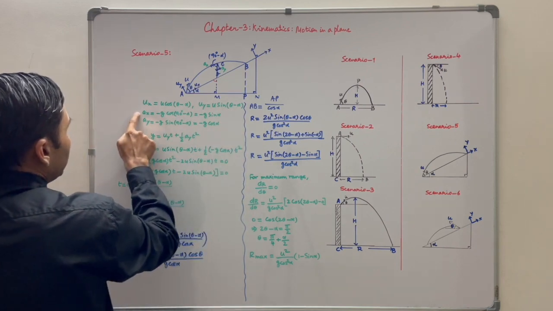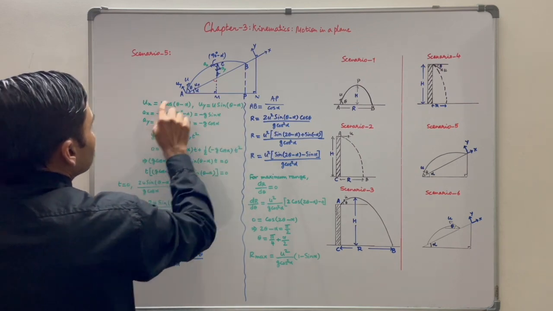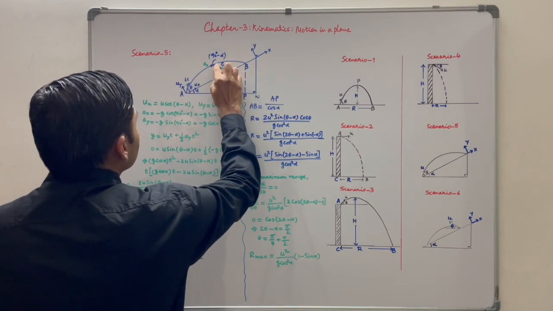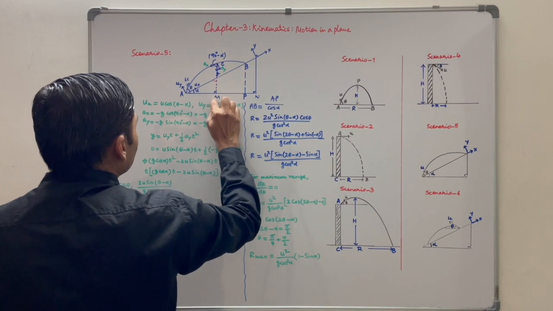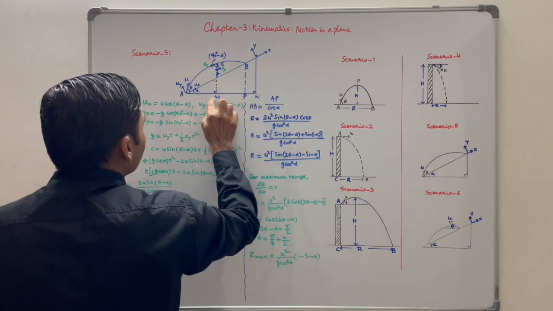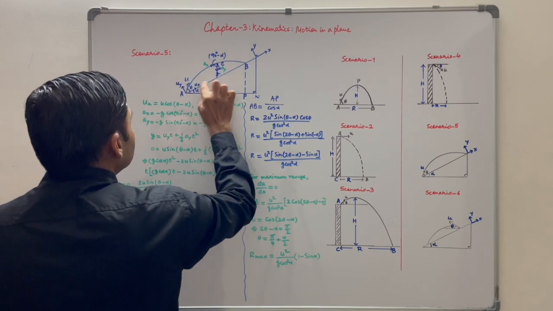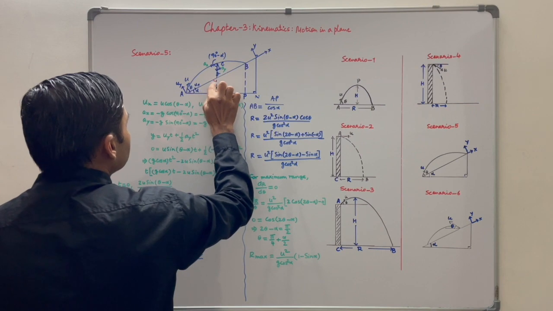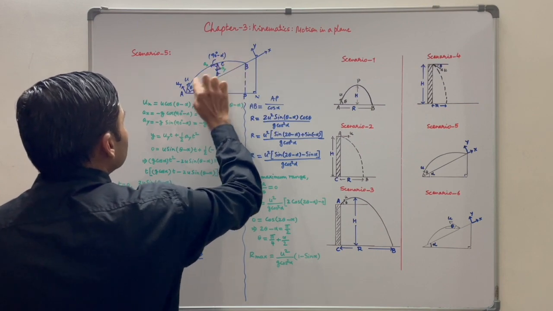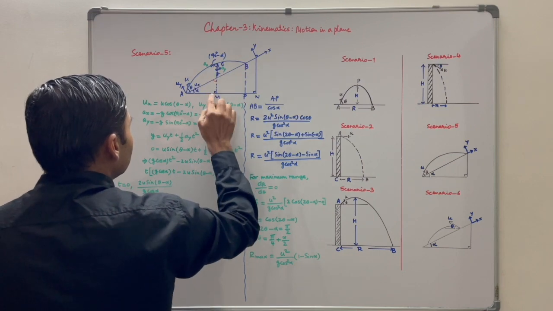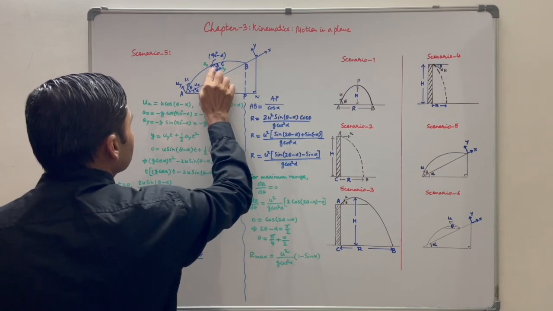Next we will calculate Ax and Ay. Consider a point C on this projectile path. g works vertically downwards. Extend this vector till it meets AN at point M. In this right angle triangle, this angle is equal to 90 minus alpha. AX is parallel to the plane and this is a transversal, so this angle is equal to this angle.